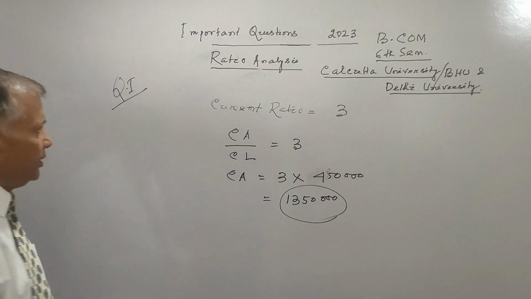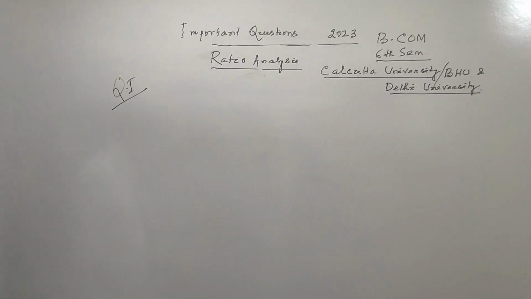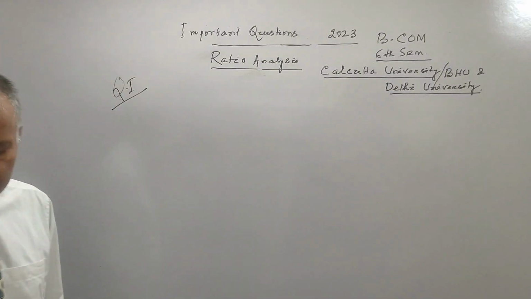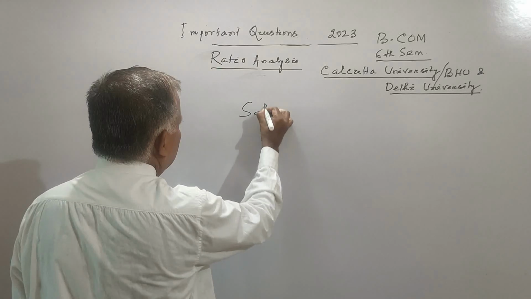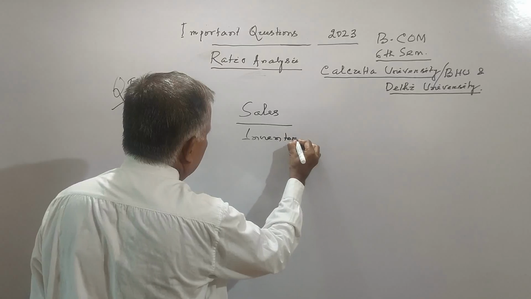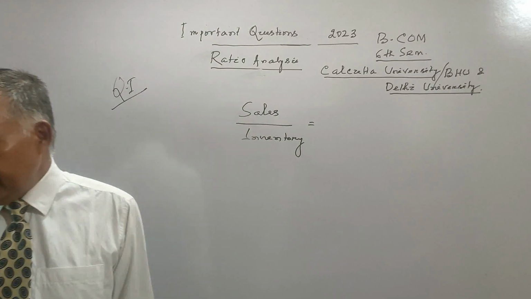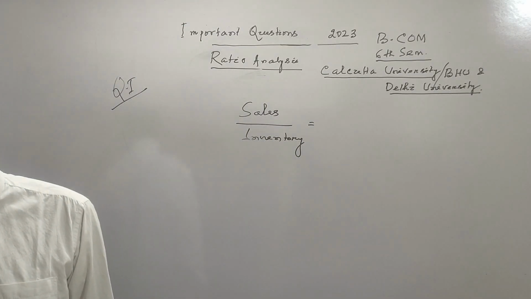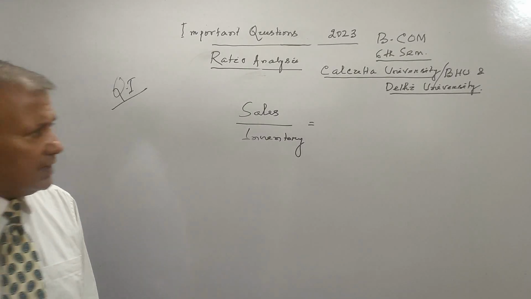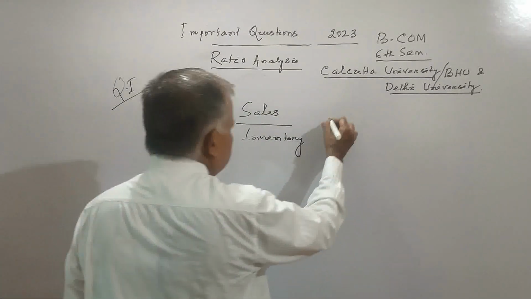Now sales to inventory. Sales divided by inventory. Sales to inventory has been given as 6 times.